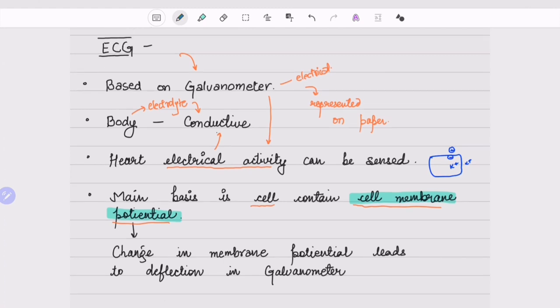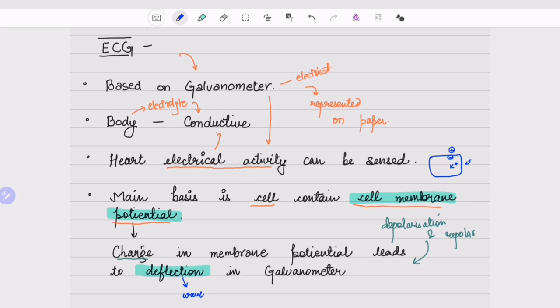Now when the membrane potential is changed due to the influx or efflux of the ions, which is called depolarization and repolarization, the galvanometer needle deflects, and this deflection is noted by the ECG machine on paper as a wave of polarization.